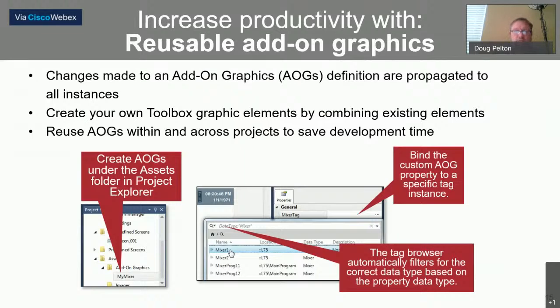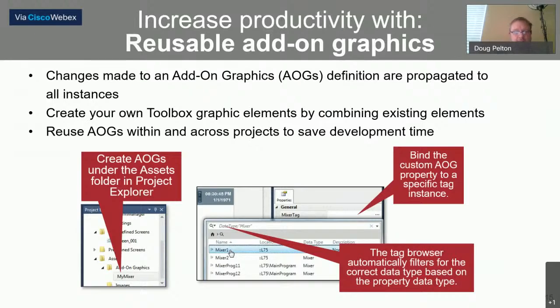So you can create your own toolbox of elements and reuse those across projects. So if you have, let's say, a graphic of a motor starter pop-up, a hand off auto start stop, you create that one time, and then you can propagate that across your program just by changing the tags.